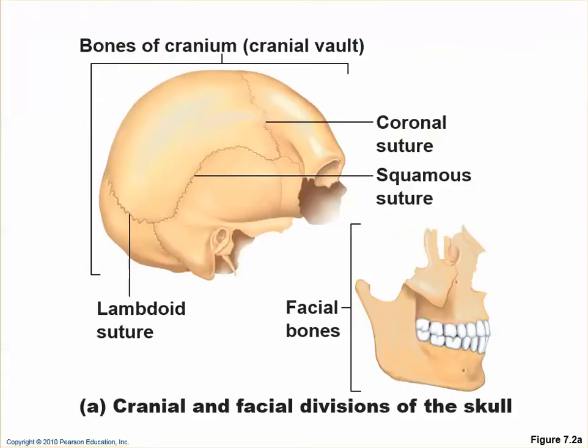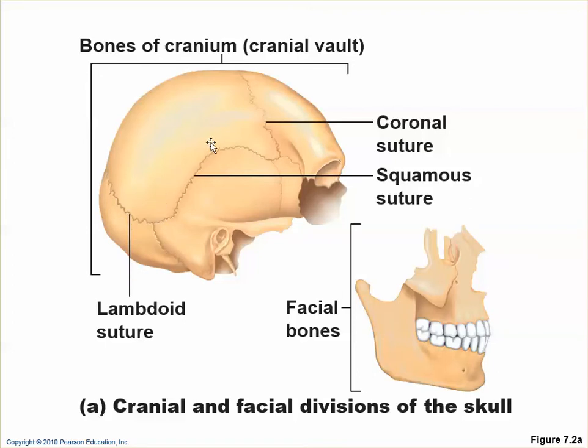When we look at these bones of the skull, they all come together at special joints called sutures. Most of the sutures are named for the bones on either side of the suture, with the exception of a couple of them. The suture that joins the occipital bone here to the parietal bones here is the lambdoid suture.